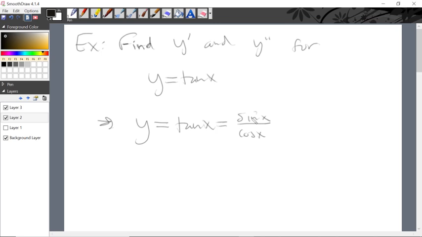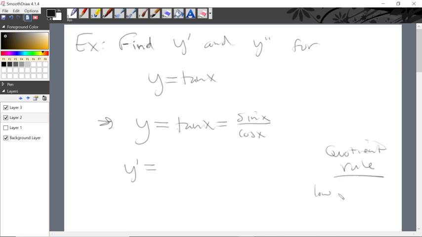So now that we already know derivatives of sines and cosines, and because we already know how to take derivatives of quotients by the quotient rule, we now have everything we need to find the derivatives of all the trigonometric functions. Okay? So let's find y prime right now by use of the quotient rule, because we have a quotient, sine x over cosine x.